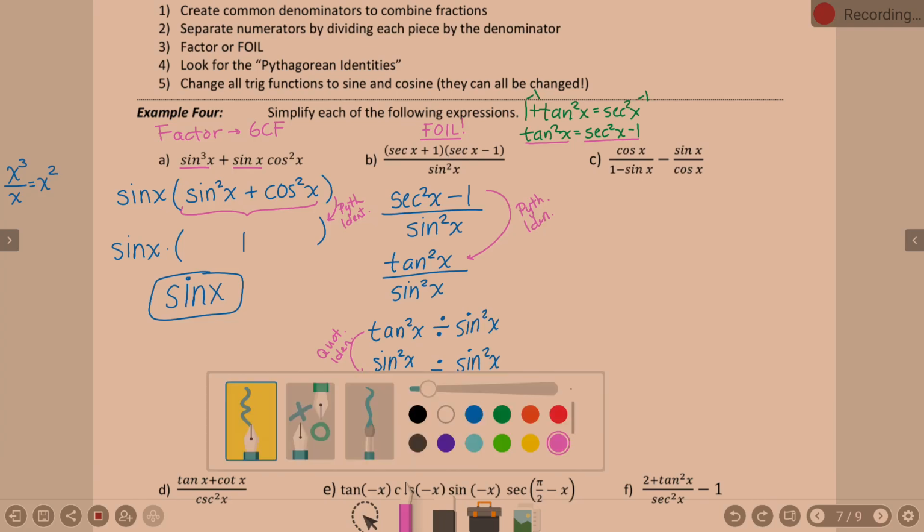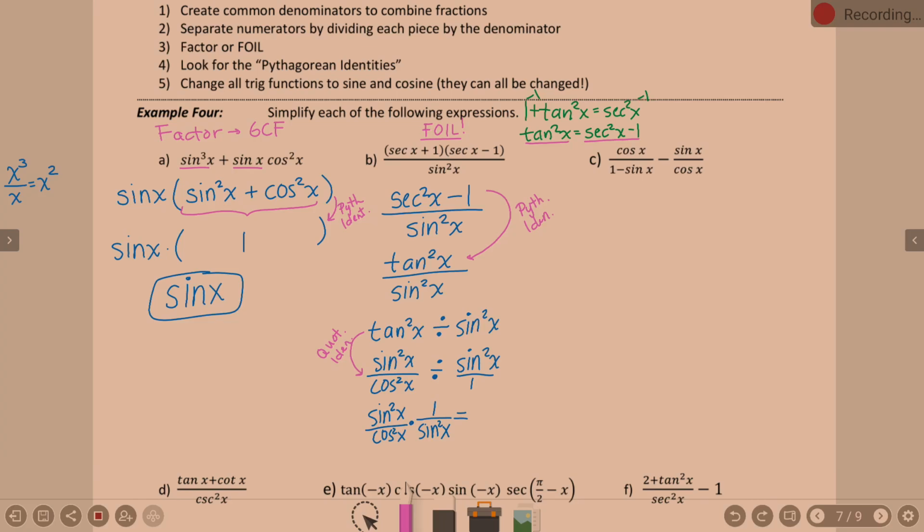Now that you have those two fractions, this is where cross-canceling is good, yes? Because sine squared x can cancel with sine squared x. If you multiply across, you have 1 over cosine squared x.